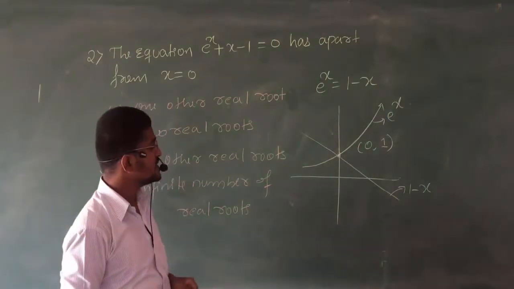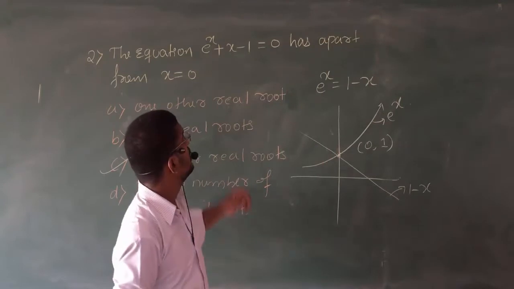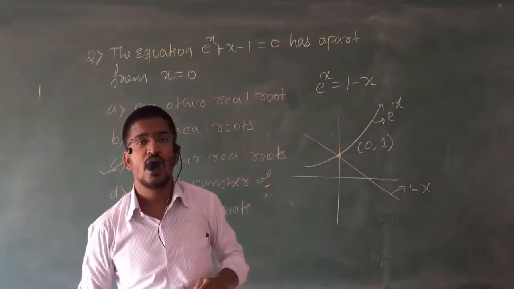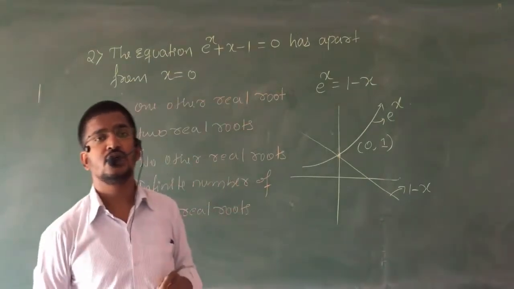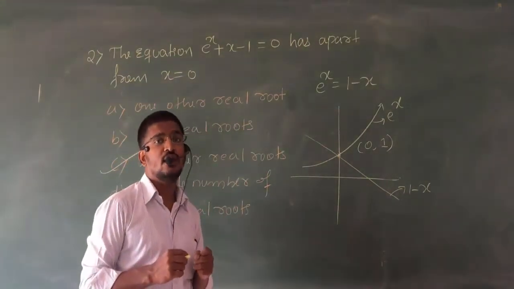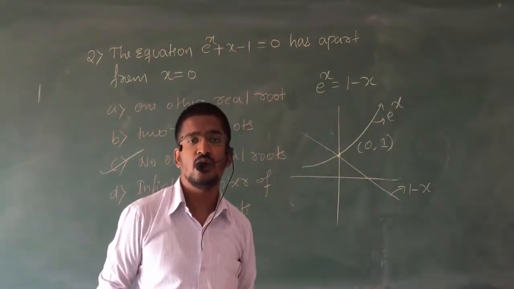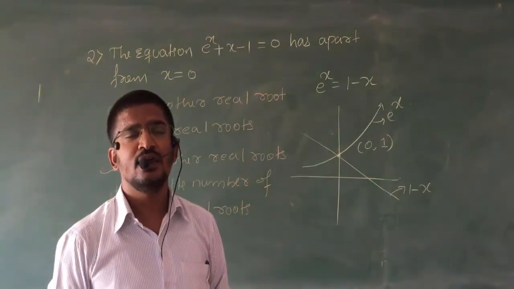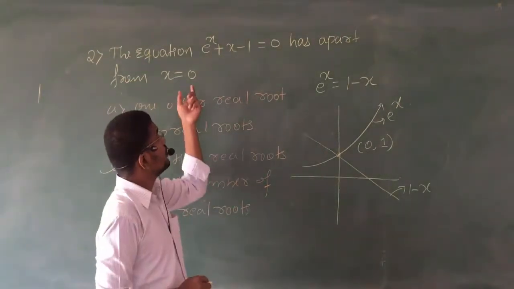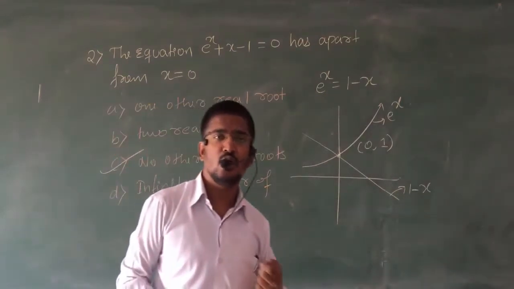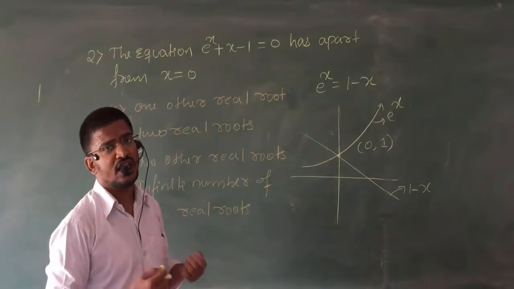Both are intersecting at only one point. So you can say that if I solve this equation, you have only one solution, that is x equal to 0 and y equal to 1. But they are asking for the values of x other than 0. They are not asking for the values of y. That means it has no terms other than 0 in the real number set or in any other set.